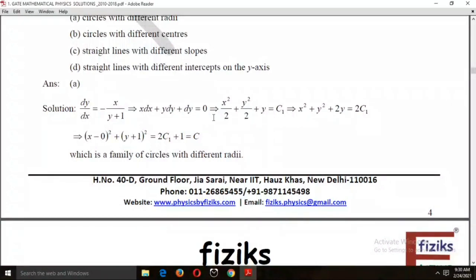Then after integration, x square by 2 plus y square by 2 plus y equal to c1, and x square plus y square plus 2y equal to 2c1. So (x minus 0) square plus (y plus 1) square equal to c, which is a family of circles with different radii. So our option will be A.